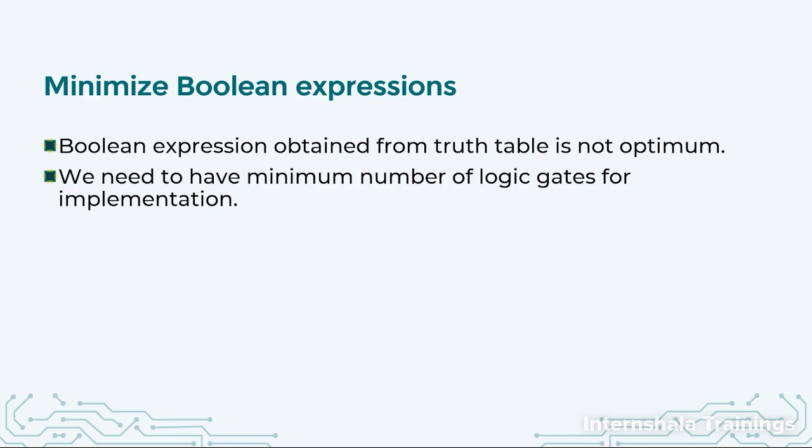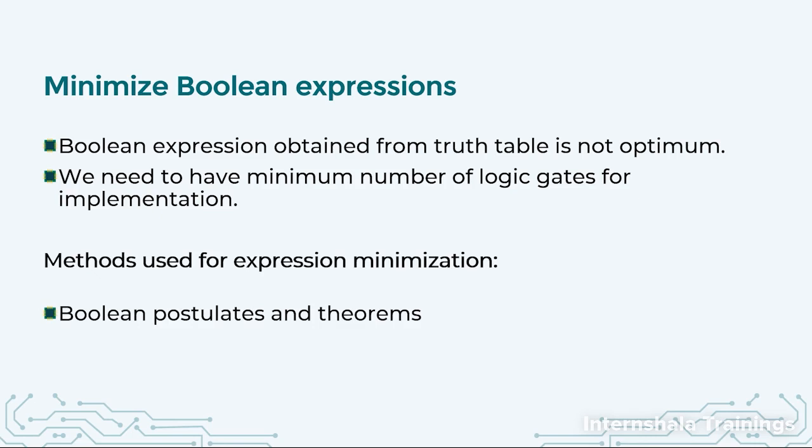There are two methods to do that. One is using Boolean algebra postulates and theorems, and the other is using K-maps. Using the Boolean algebra postulates and theorems, we basically work on pen and paper and we start minimizing the expressions by taking something common and then applying the Boolean algebra theorems to get the minimum expression.